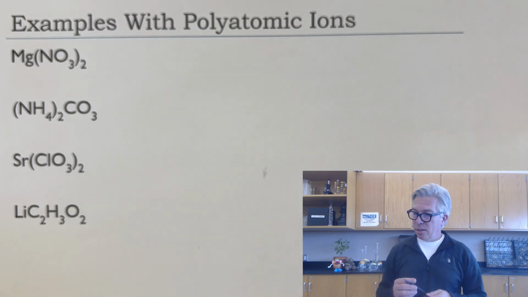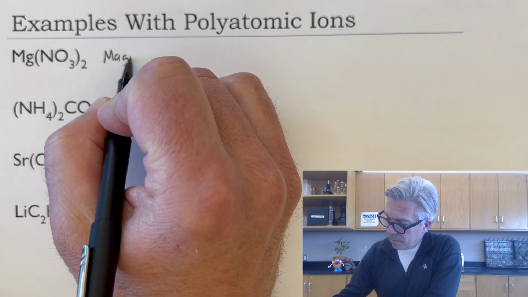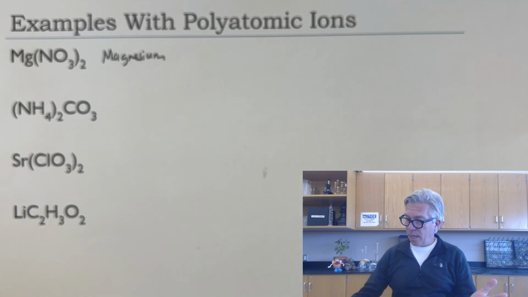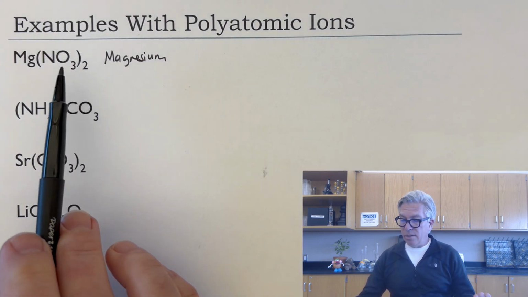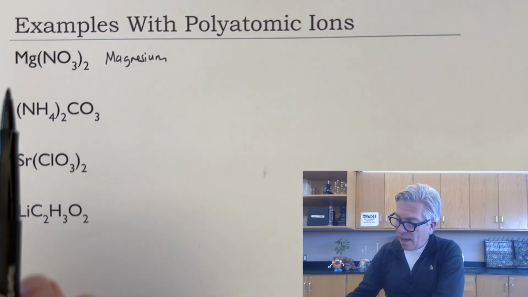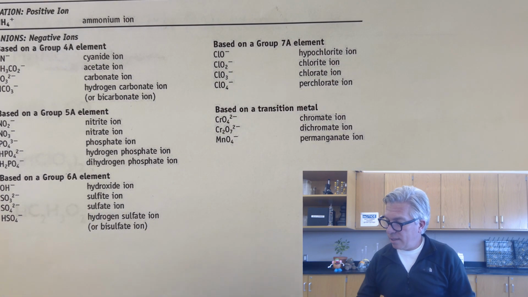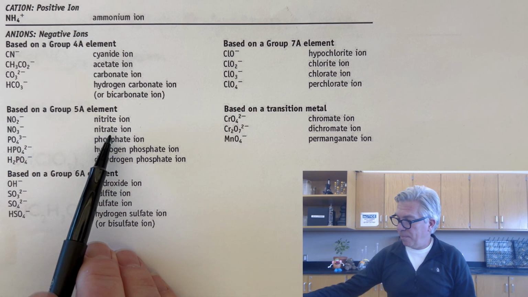Okay, here we go. For the first one, we're going to name the metal, which is magnesium. Then I check to see if it needs a Roman numeral. It will not need a Roman numeral because it only has one possible charge. But then I have to name everything else with one word. So I look at my polyatomic ions chart, and I find that the grouping NO3 is right there, and it has the name nitrate.